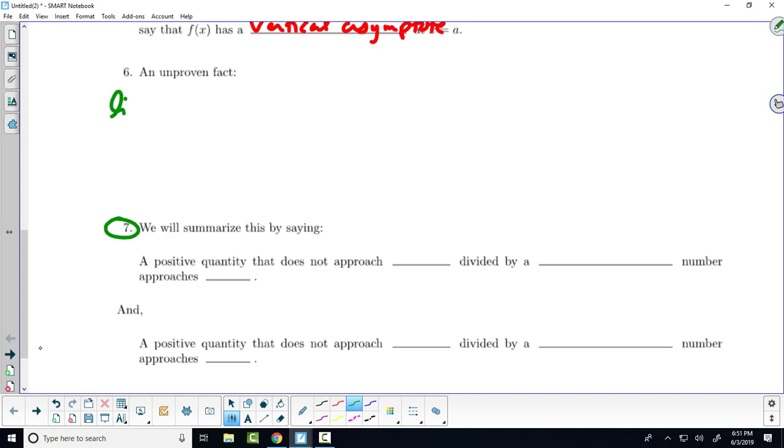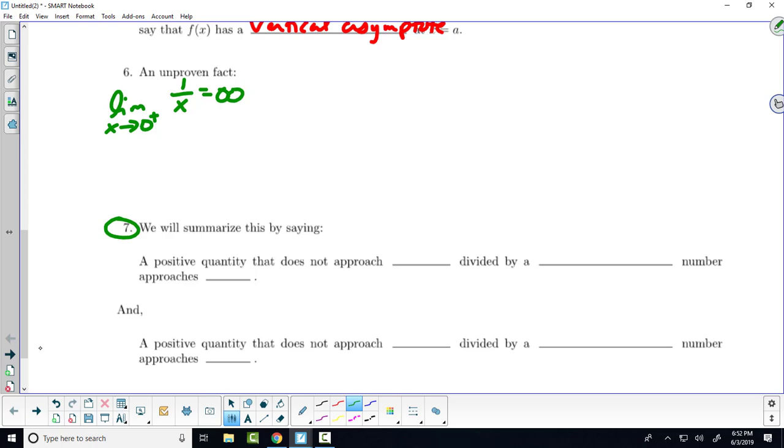If we look at the limit as x approaches 0 from the right of the function 1 over x, this limit comes out to be positive infinity. Now, saying the limit comes out to be positive infinity is sort of poor vocabulary. What I'm saying is, as the domain values get close to 0 from the right, the range values get arbitrarily large.